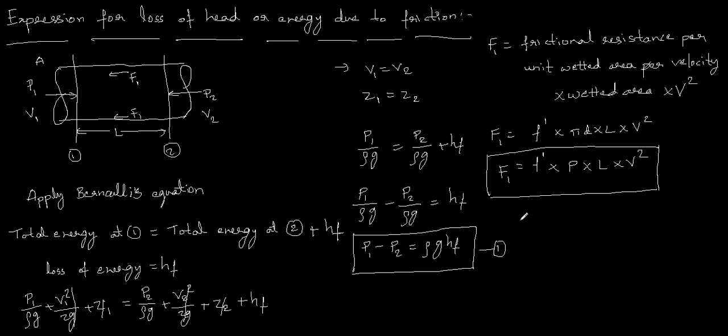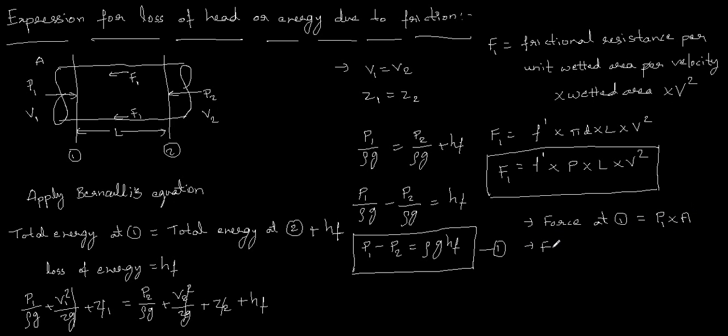Now I want to write what forces are acting. One force we have already written, which is the frictional force, and another force is the force acting at section 1, which is due to the pressure P1. The force due to pressure at section 1 can be written as P1 into area, because pressure is equal to force by area, so force is equal to pressure into area.